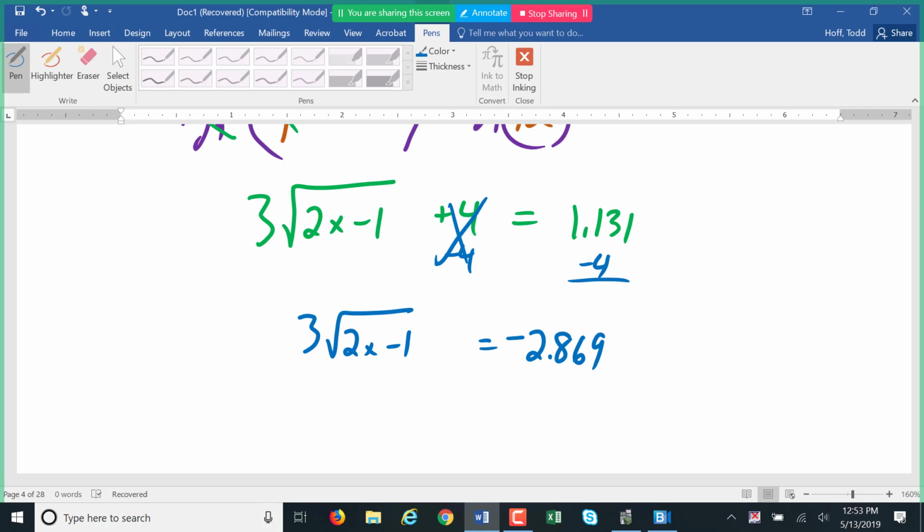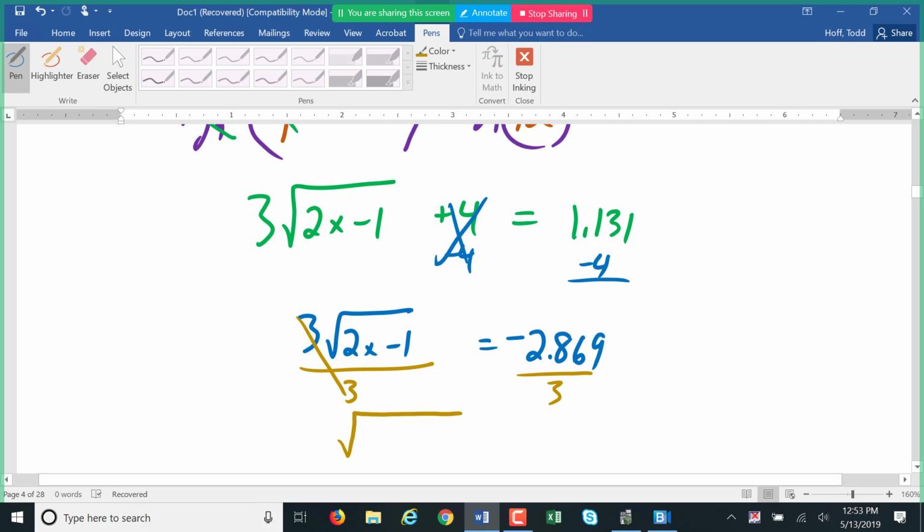And then we still have to divide by 3. The square root of 2x minus 1 equals negative 0.956. Basically, that'll round to 0.95633.